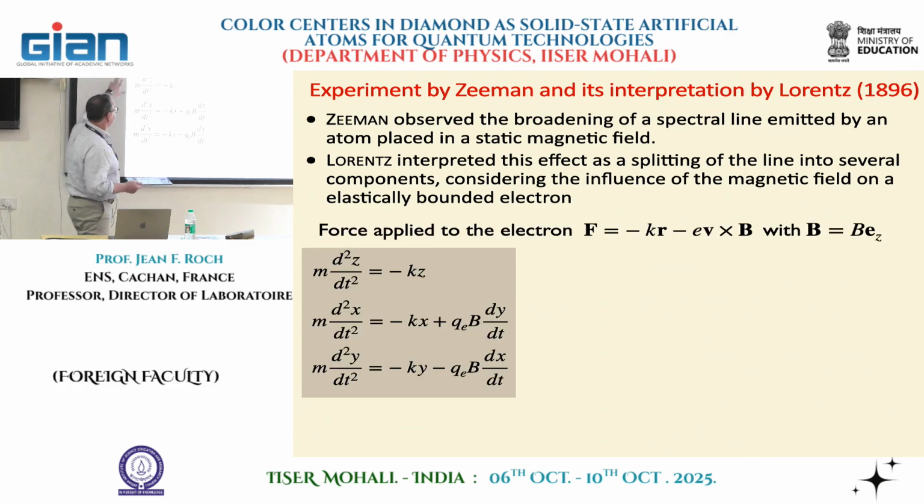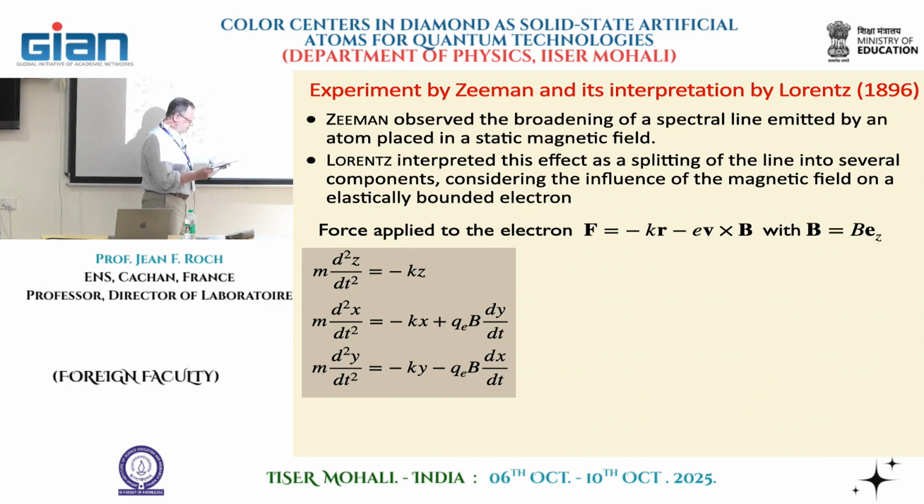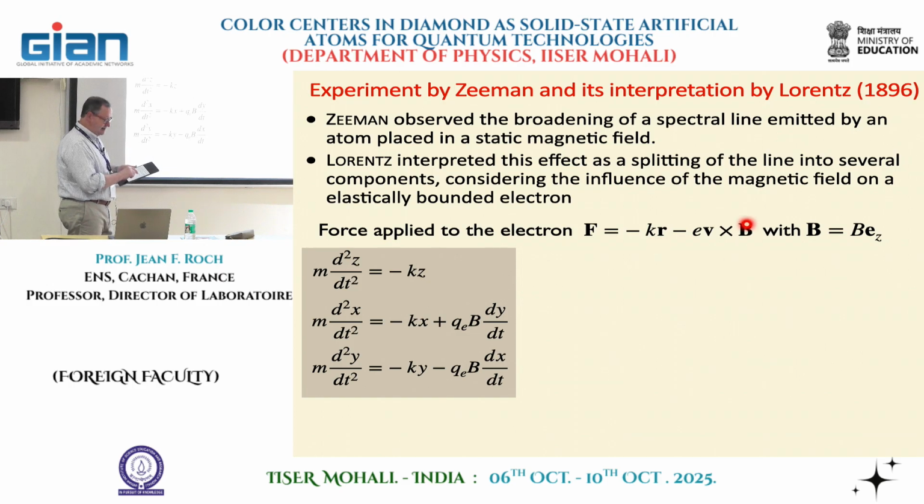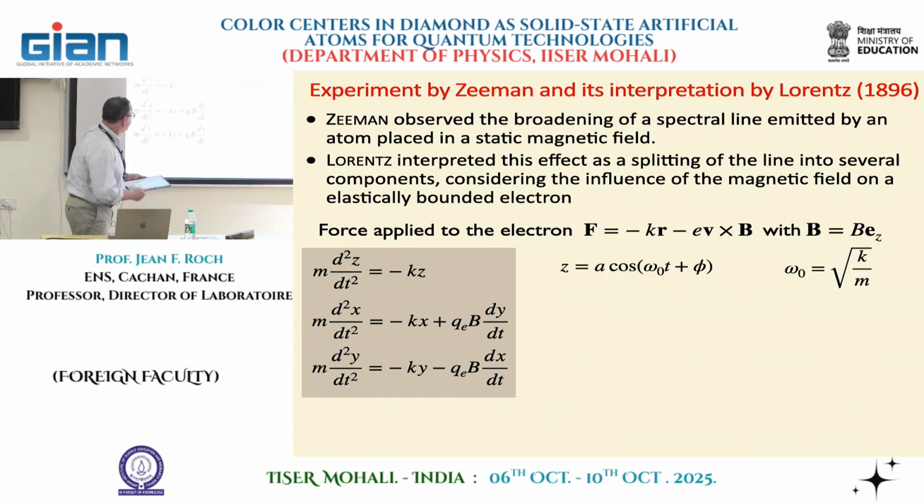If we take the force applied to the electron as this one, with the elastic binding term here and the coupling between the velocity of the electron and the magnetic field, which is a uniform magnetic field pointing in the z direction, you have a very simple equation of motion here, and you can easily solve it.